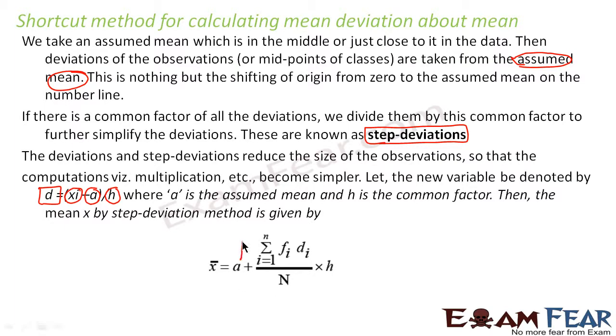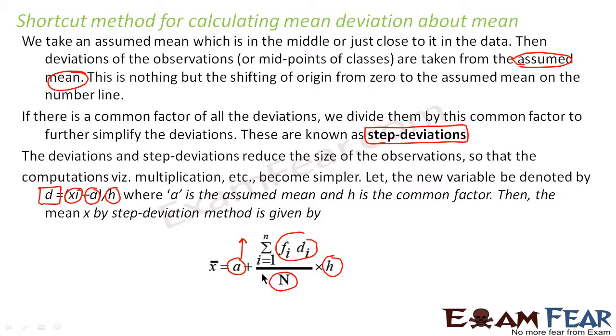Once we have this d, we'll use this formula. The formula is pretty simple. This is the assumed mean A, plus sigma fi di by n, into h. In this case, we skipped one step, that was to find the mean. We have just assumed that A is the mean. Also, we went one step ahead by finding step deviation, dividing the whole thing by h.